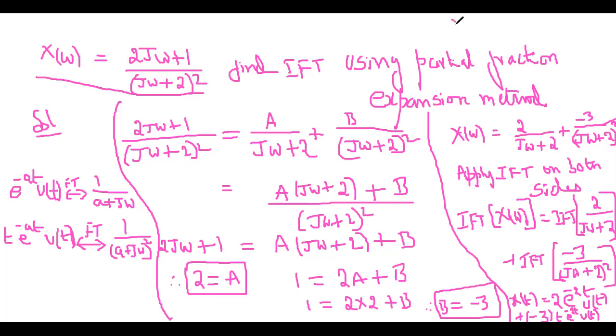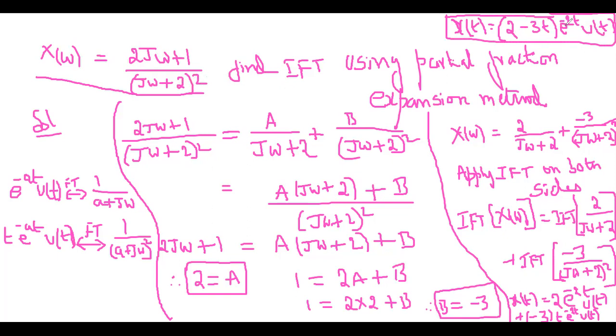Okay. Finally, the expression, it is a small letter x, my dear students. x of t is equal to, what is the common term of the two terms? 2 minus 3t, whole multiplied with e power minus 2t mu of t, is the inverse Fourier transformation of the given function X of omega is equal to 2 j omega plus 1 by j omega plus 2 whole square.